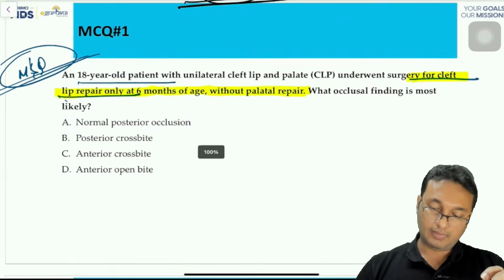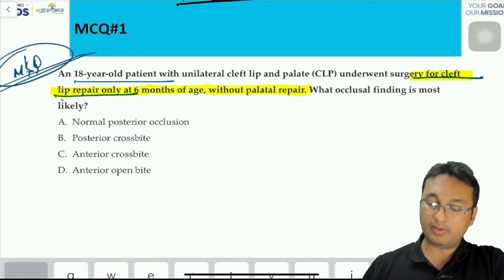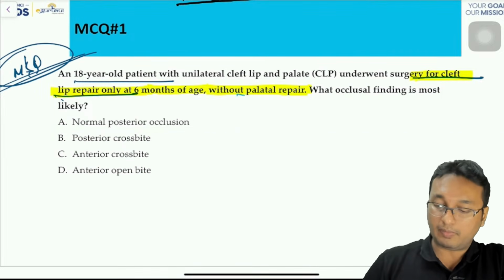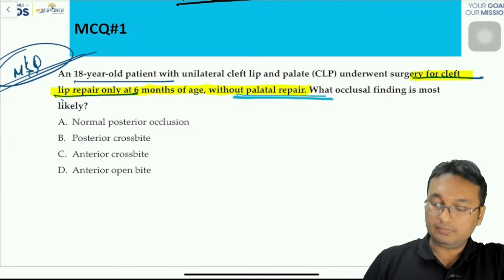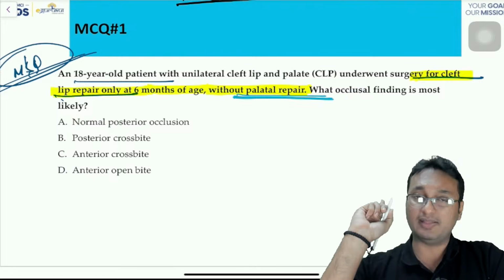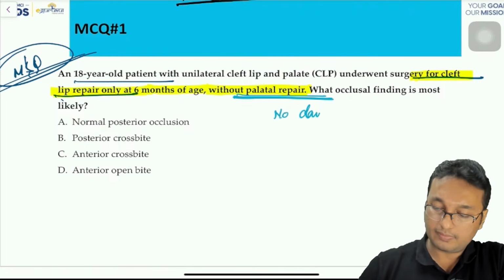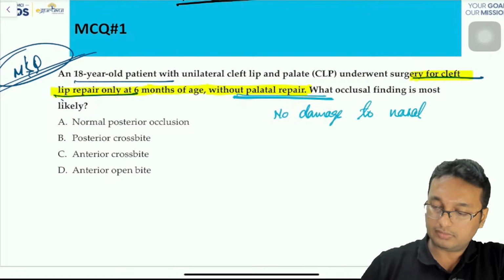Now, the question is saying he underwent cleft lip repair only without palatal repair. So, in all probability, once the palate has not been touched by the cleft surgeon, there is no damage to nasal septal cartilage.